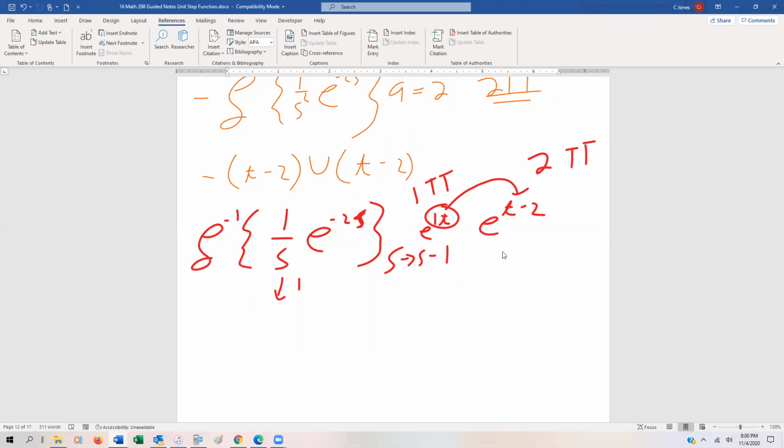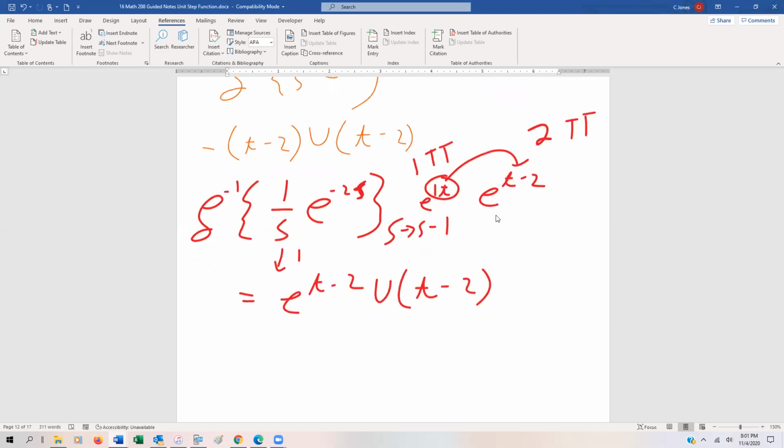All right, so when we finish this off, this one is going to become e to the t minus 2 times the unit step function of t minus 2. All right, and now we can finally write the entire answer. Right?